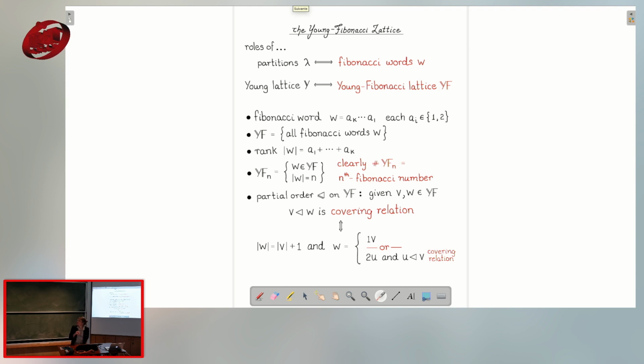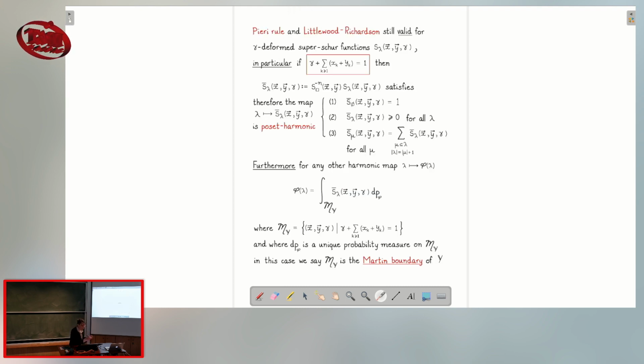And now, going to the Young Fibonacci case. Those are the aspects that I see as being important in the Young case, and all of these I would like to somehow see their images of in the case of this Young Fibonacci.